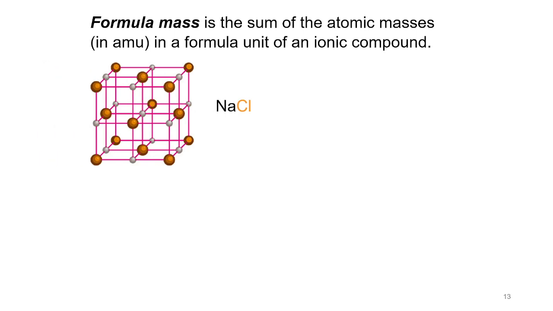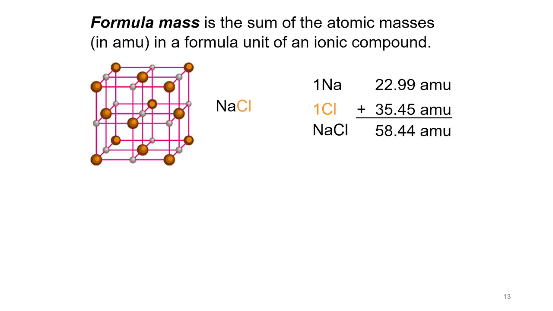So if we have here NaCl, we just need to account for the atomic mass unit of sodium, which is 22.99, and chlorine, which is 35.45 atomic mass units. So we just need to add that, and so the formula mass of our NaCl is 58.44 atomic mass units.